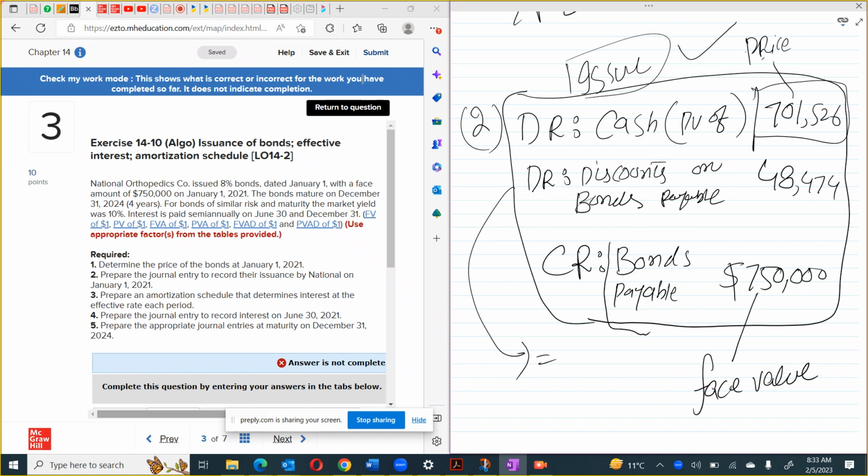Now what to write on debit? Simple, premium on bond. Normally we were calculating the discount on bond, so it is premium on bond. So that premium on bond is 5223. Remember the rule: during life, discount is credit, premium is debit.